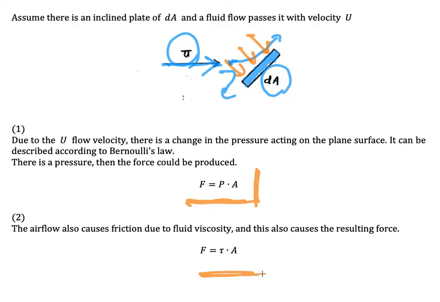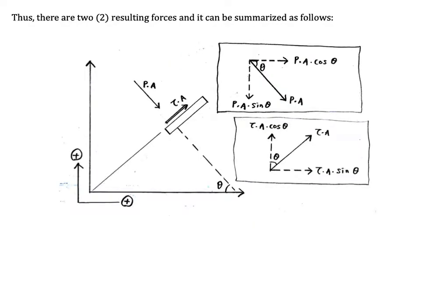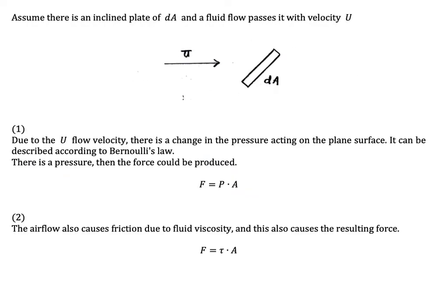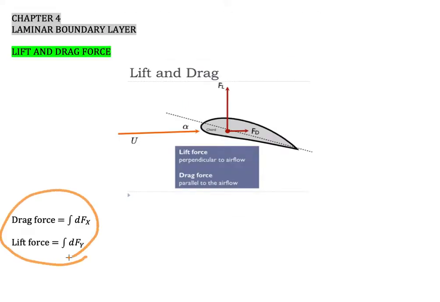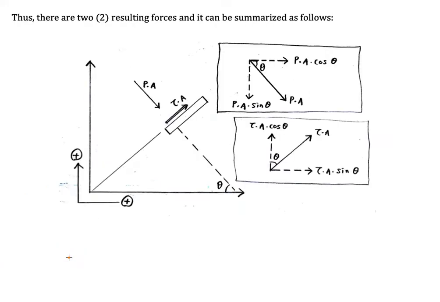So this is a common equation. We could calculate the force by multiplying the shear stress and the total area. So we have force from the pressure, and we have force from the shear force. If we want to define this equation, the summation of force in x and y direction, we need to get the component force in x and y.